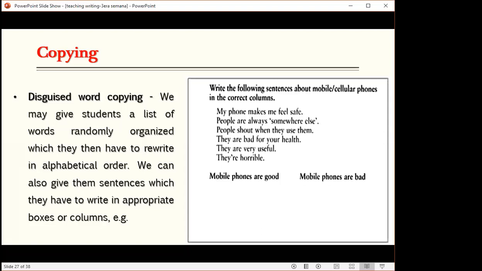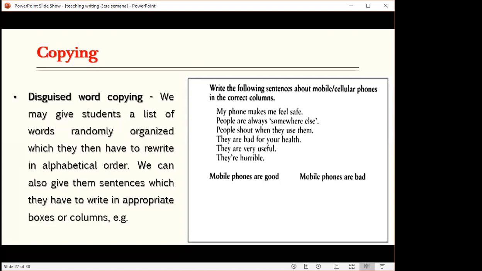Write the following sentences about mobile or cellular phones in the correct columns. So you give them some sentences and they are going to classify these sentences into an appropriate category or column or box.